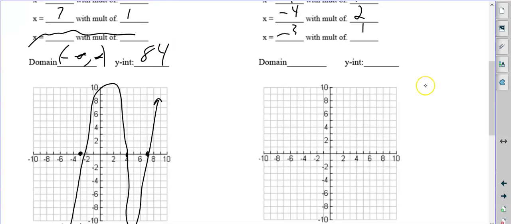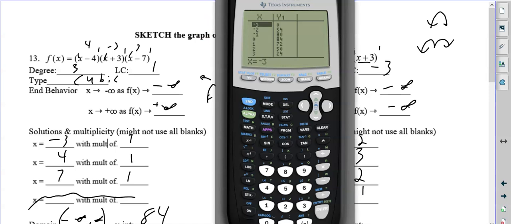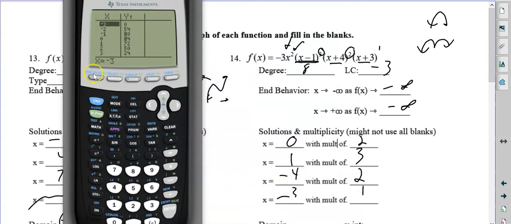Now on this one, I did not put it in, so we're going to have to put it in real quickly, but it's good practice. If you want to hit pause or fast forward while I do this part, that's fine. So I'm going to clear this out and put everything in. I'm not going to need to graph it per se, but we'll see. -3x squared, parentheses, x minus 1, and that was to the third power.